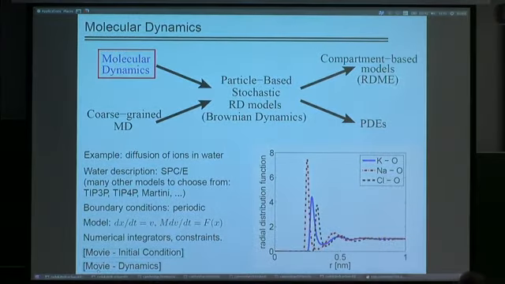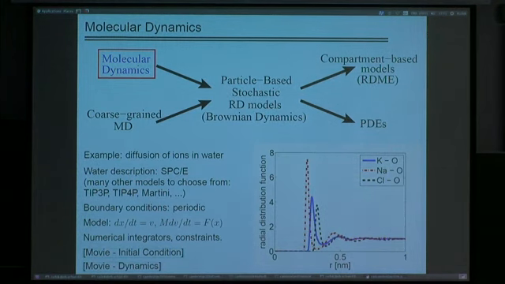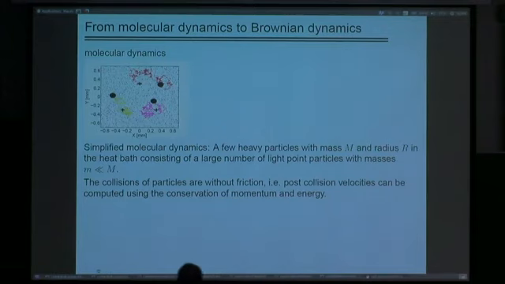In order to get some insights into this problem, I'll start first with a very simple toy model, which has a similar flavor to all-atom MD simulations. It's a very simple molecular dynamics model, but I would still call it molecular dynamics.